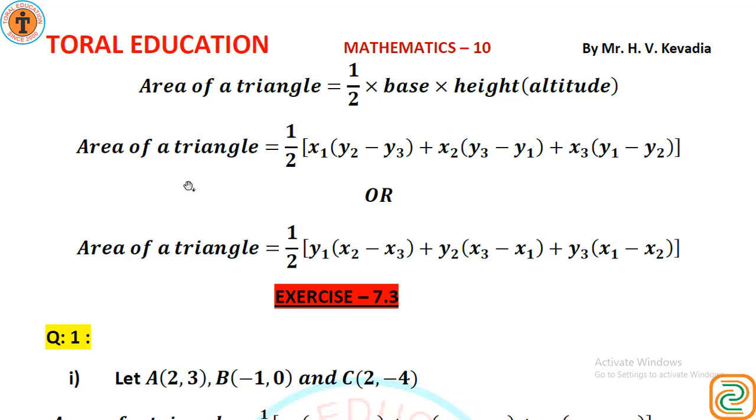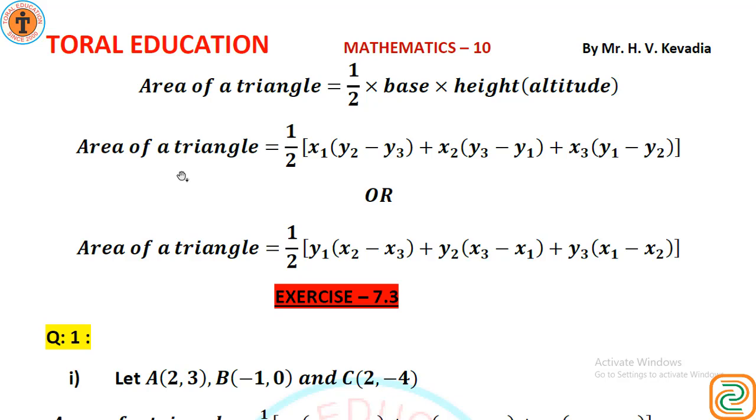triangle drawn in the Cartesian plane, then we have three different vertices: (x1, y1), (x2, y2), (x3, y3). Then, how can we find the area of that triangle?